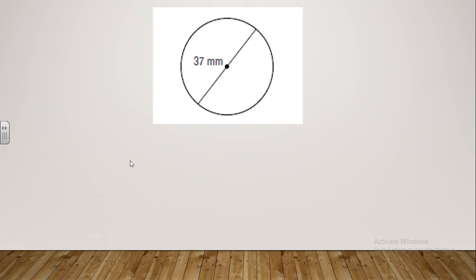Okay, let's see the next one. Here, do you think that he gave you the radius or diameter? Who can tell me? Yeah, super. Here he gave you diameter because this line crosses the center, right? So here he gave you diameter equals 37. So let's write the rule. Circumference equals what? Pi times d, right?